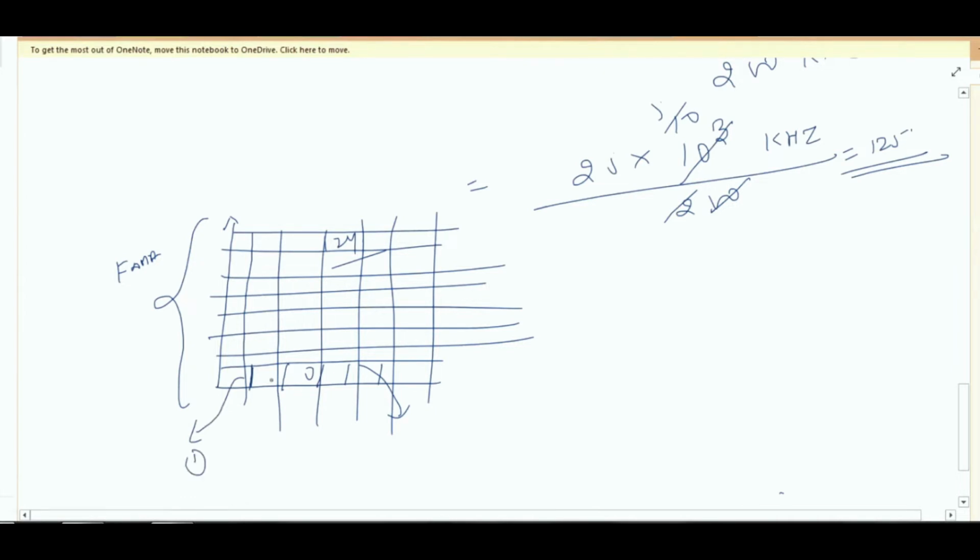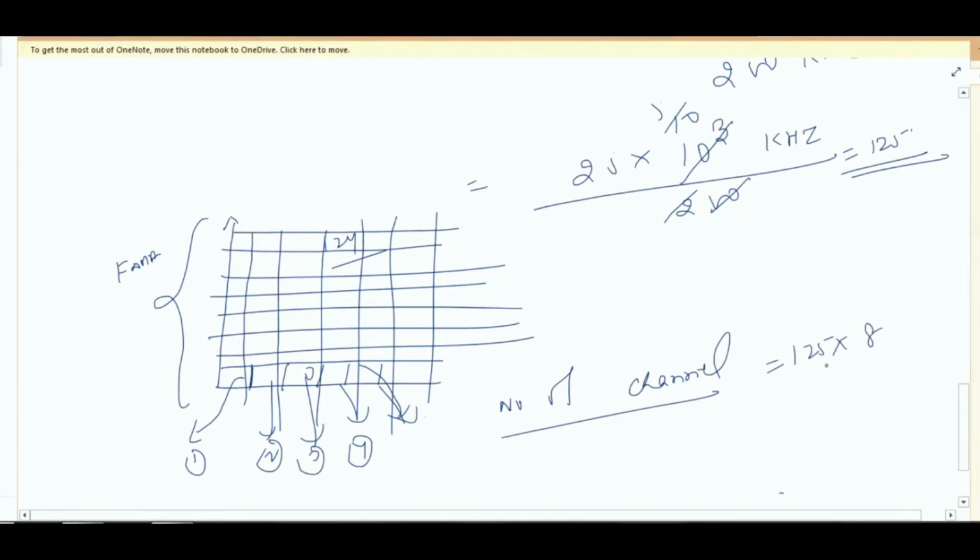Say user 1, user 2, user 3, like this we can give the channel to multiple users. Now the same bandwidth, I'm not changing the bandwidth, but this is the power of RAT. By changing the RAT, once you combine FDMA plus TDMA, the number of channels becomes 125 frequency channels, and each channel has 8 time slots. So see, now 1000 users.